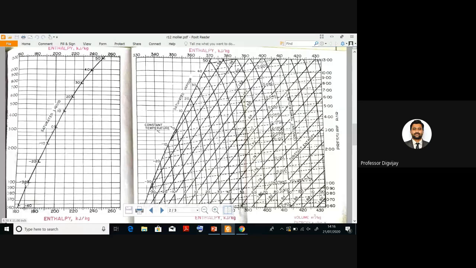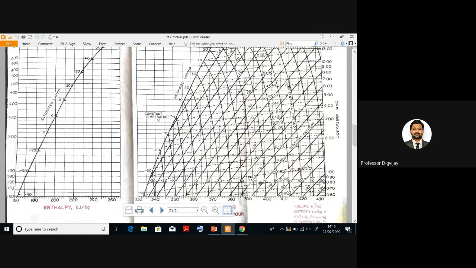Then I have to heat this liquid R12 to convert it into vapor R12. So I have to add this much latent heat. I have to go from 170, and here it is approximately 340. So you have to double the value.